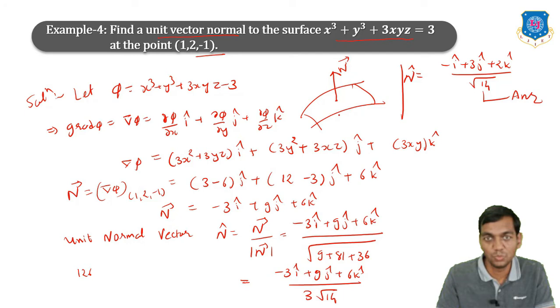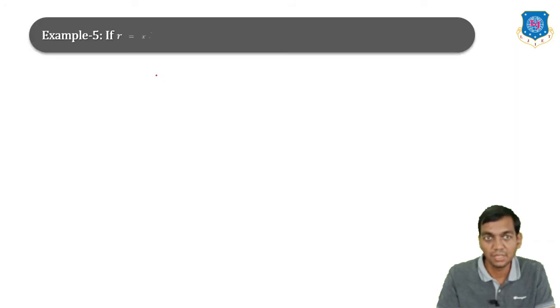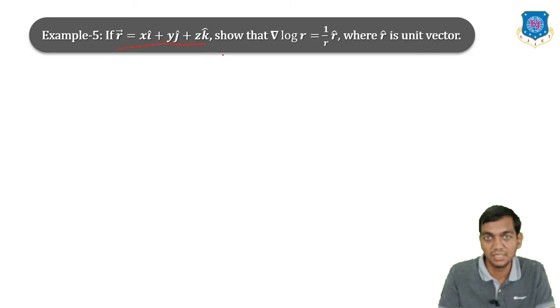Done? So please remember, if you have to find the unit normal vector or the normal vector, then we have to find out the gradient, and the gradient gives you the normal vector. Done? Now, if r bar is equal to xi plus yj plus zk, then show that the gradient of log r is r bar upon r squared. If you have not written r bar but you have written the bold r, that means it is the vector r bar.